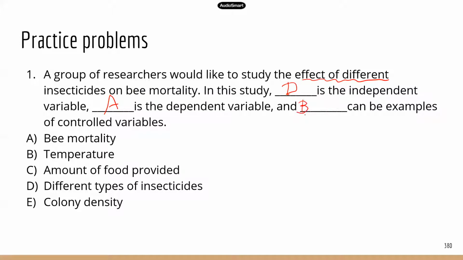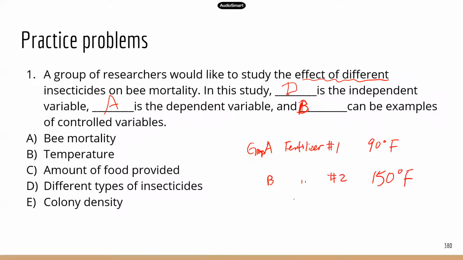Probably temperature, right? If the temperature is too high or too low, that could cause bee mortality, right? So you can't give, let's say, group A insecticide number 1, and then you give group B insecticide number 2, and then you put group A at 90 degrees Fahrenheit, and then you put B in, let's make up a crazy number, 150 degrees Fahrenheit.